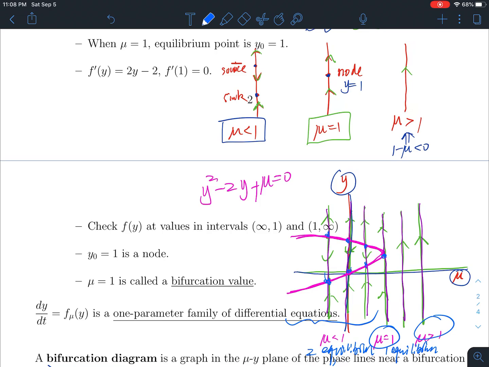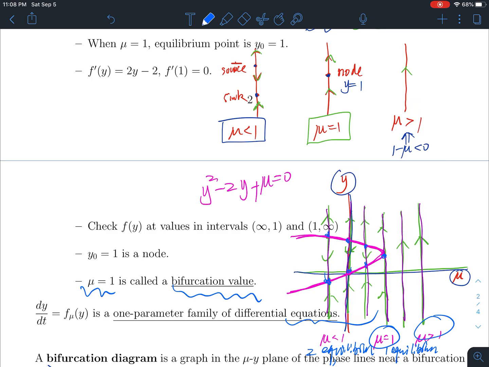For this particular example, the bifurcation happens where the number of equilibria changes. When the number of equilibria changes, that particular value of the parameter is called the bifurcation value.